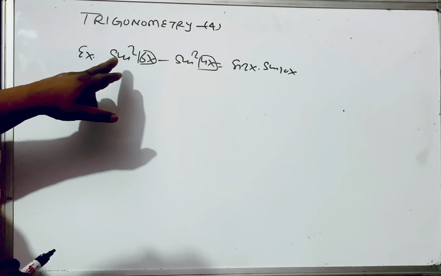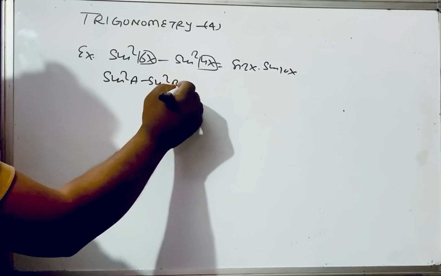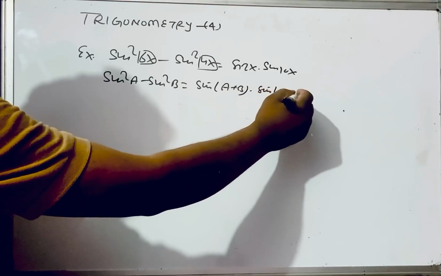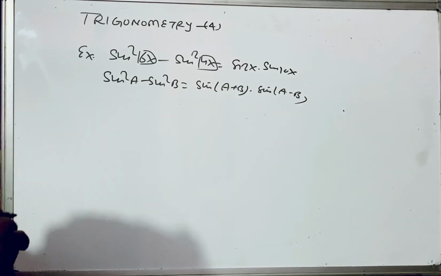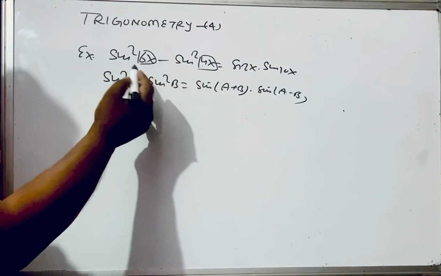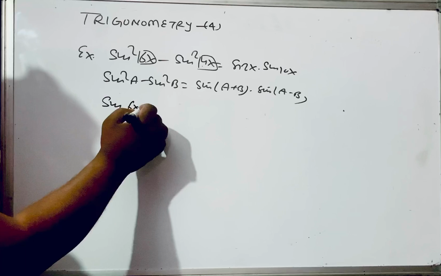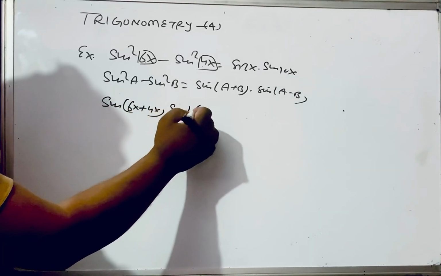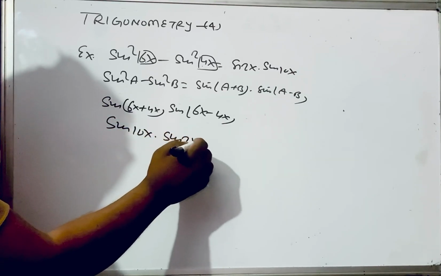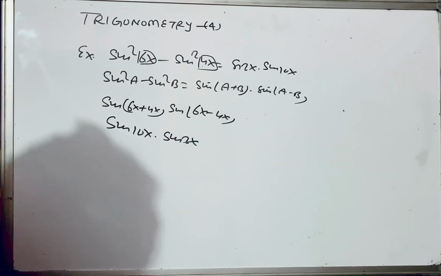We know that sin square A minus sin square B is equal to sin A plus B into sin A minus B. Here this is A, this is B. By this formula, this will become sin A plus B into sin A minus B. This is sin 10x and this is sin 2x. Proved.